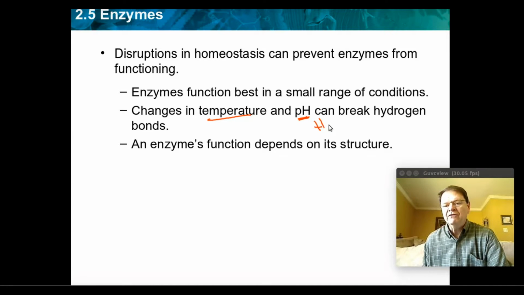Okay, so if you have hydrogen ions that are in a concentration that is foreign to what the enzymes are made to operate in, those hydrogen bonds can be disrupted, the whole protein can unfold and cease to function in the cell. Temperature as well can cause those hydrogen bonds to break and the protein unfold as well. So these two conditions are key in the function of an enzyme.